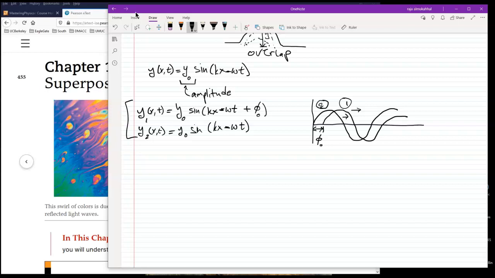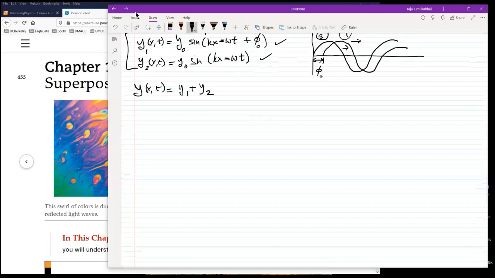Just simply add them up together. Literally y1 plus y2, and you will get the superposition, how they will look when they overlap. So let's add them up. The new wave, we're going to call it y of x,t, is equal to y1 plus y2.